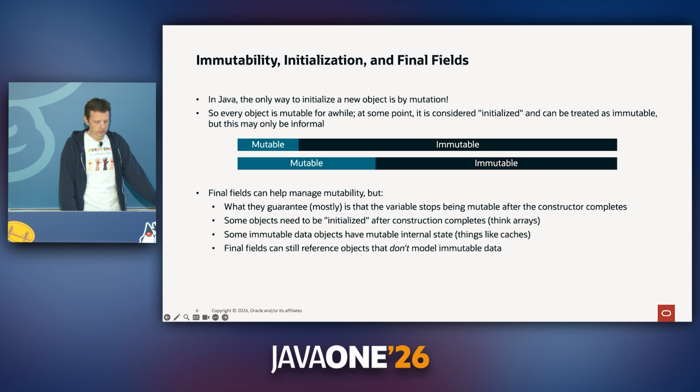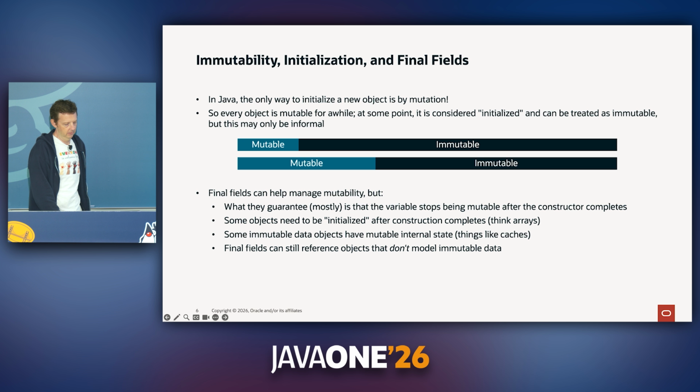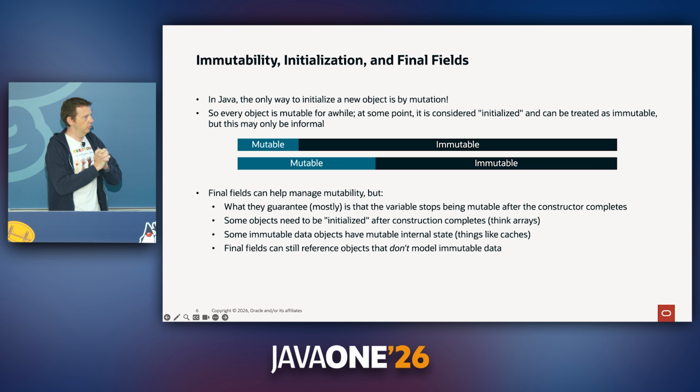A few extra notes about what this looks like in Java. When you create an object, how do you construct it? What you're going to do is take some fields and mutate them in order to set them to the appropriate values.